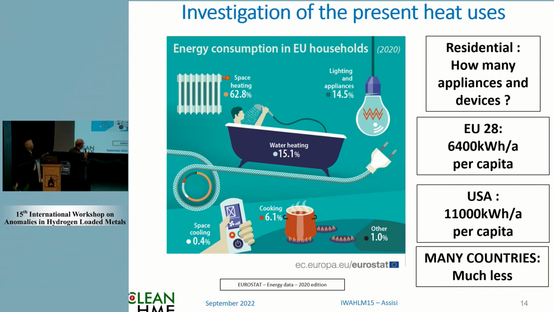And all in all, you find that each of us consumes 6,400 kilowatt hours per year. It's a lot. But in America, this is 11,000. So how do you make an average of that? Well, and in many countries, of course, it's much less. And in some countries, it's much, much less. So that's hard to do.